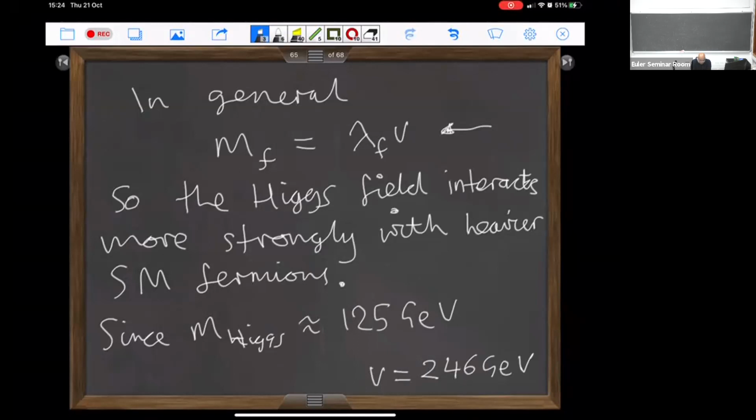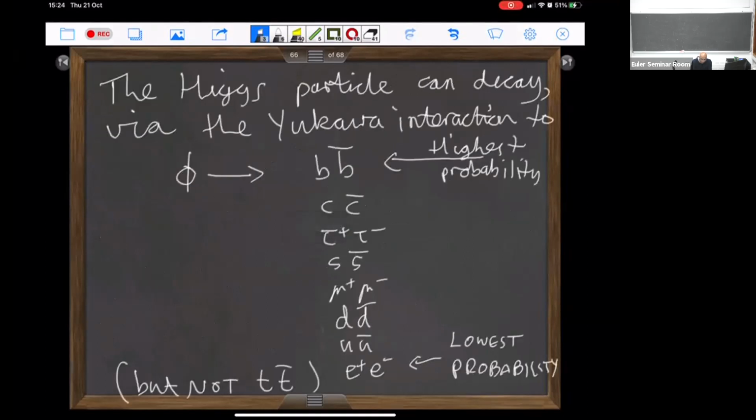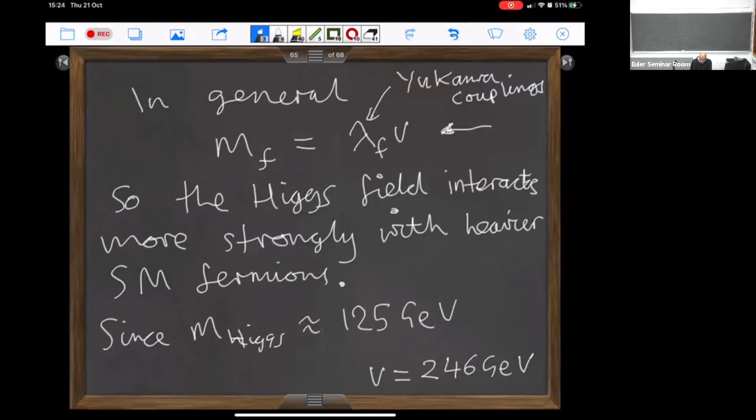So in order to fit the observed values of the fermion masses, we just have to pick the values of these Yukawa couplings, which are just dimensionless numbers. And you see that heavier particles will have bigger Yukawa couplings and lighter particles will have smaller couplings. So that means that the heavier the particle in the standard model, the more strongly coupled it is to the Higgs field and the Higgs particle.